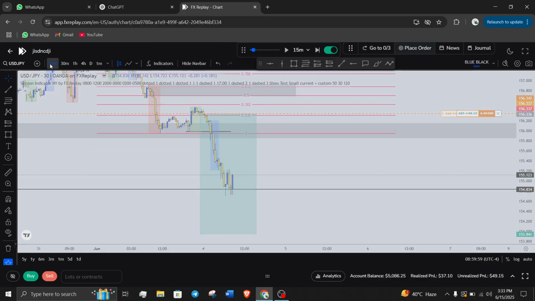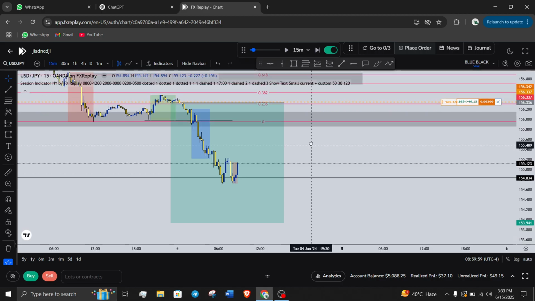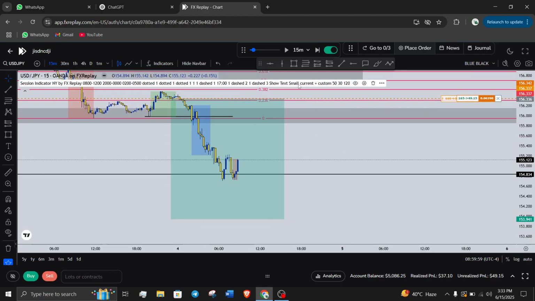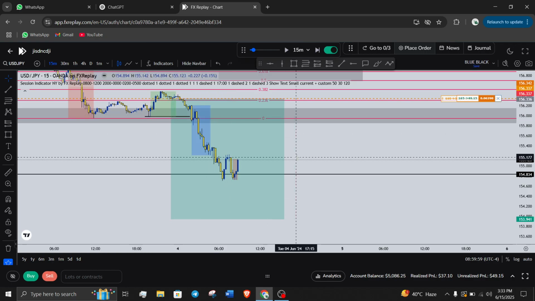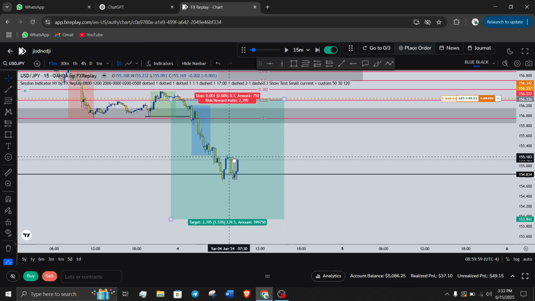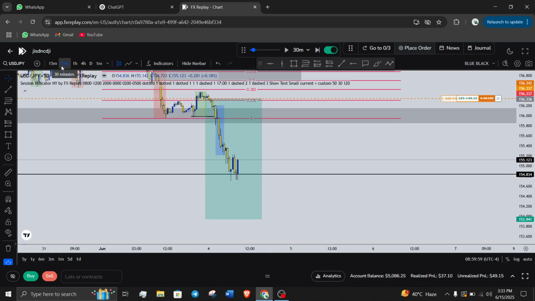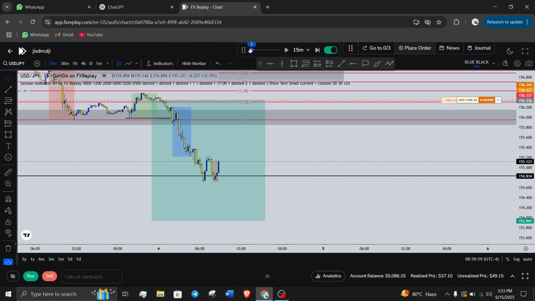Now let's see if there is a change of structure, we can become aggressive on the stop loss. So right now this was a break of structure. We failed to break the low right here. So let's just see how this goes.